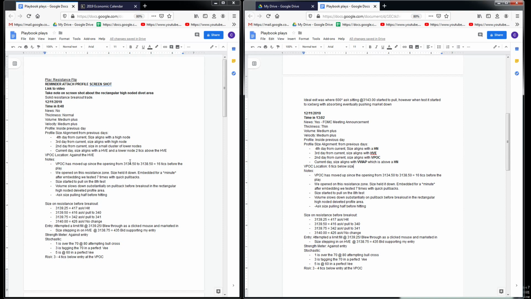Notes. VPOC has moved up since opening from size, held it down, embedded for a minute. I'm just reading. It's pulling half before hitting. Okay.